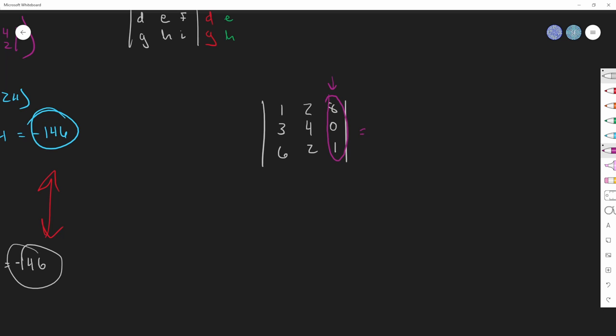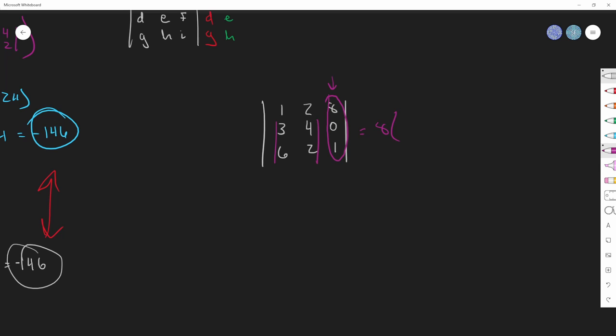So for the first one, we obviously have to multiply by 8, and then we take the determinant of this smaller matrix, because as I mentioned before, we ignore everything that this 8 consists of. That means both the row and the column. The 8 is in the first row, but it's also in the third column, so we completely ignore those.